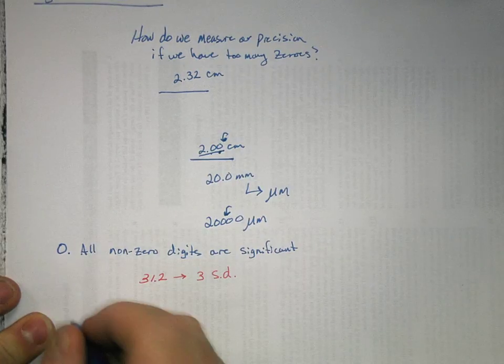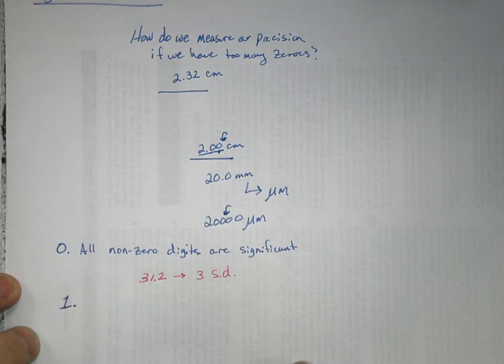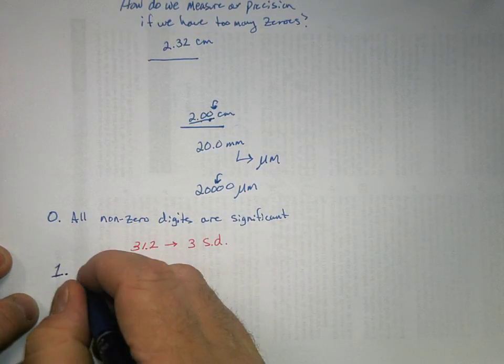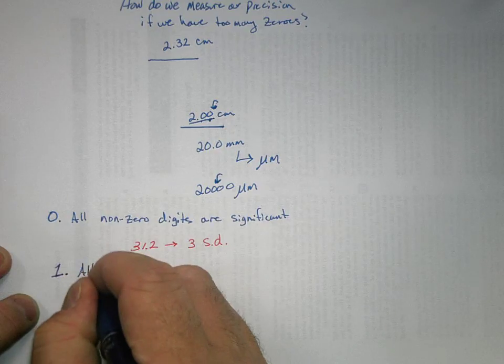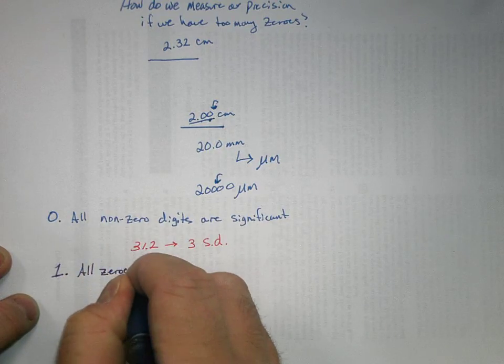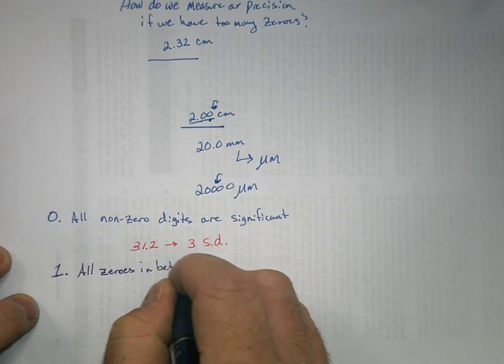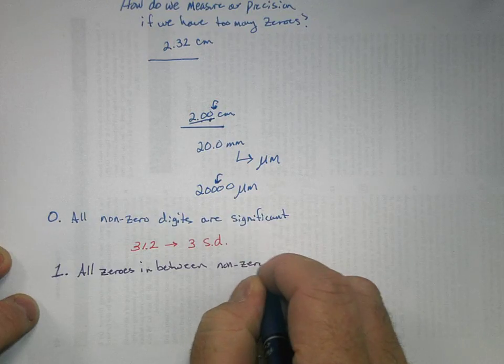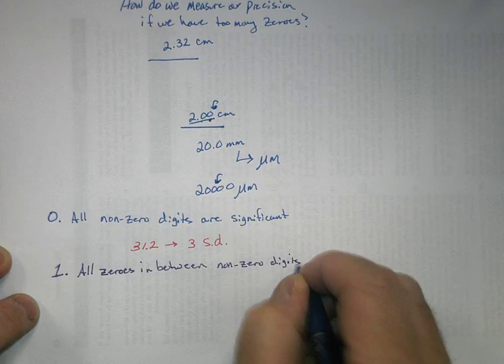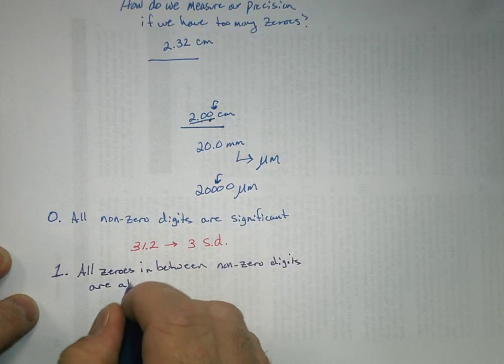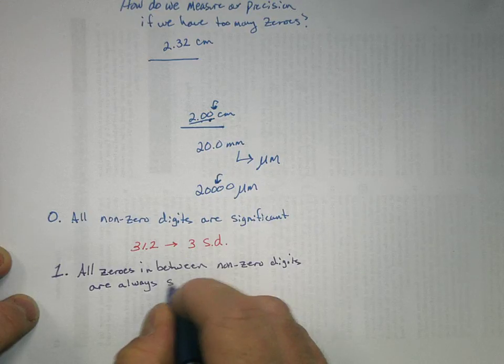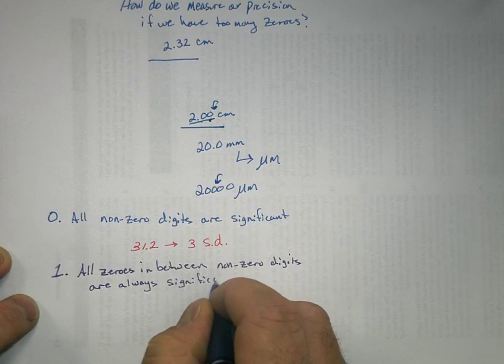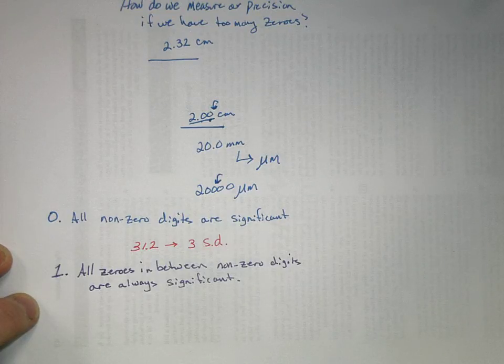Okay, rule 1. All zeros in between non-zero digits are always significant.